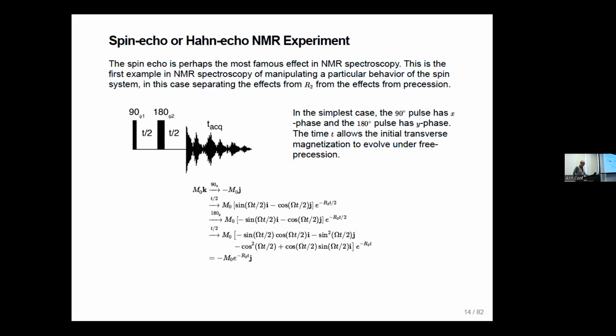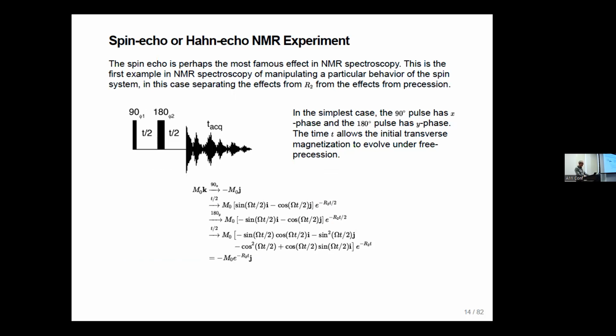And similarly, the classic experiment for measuring R2 is to use a spin echo to get rid of the chemical shift and then change the spin echo delay in order to measure a rate constant.